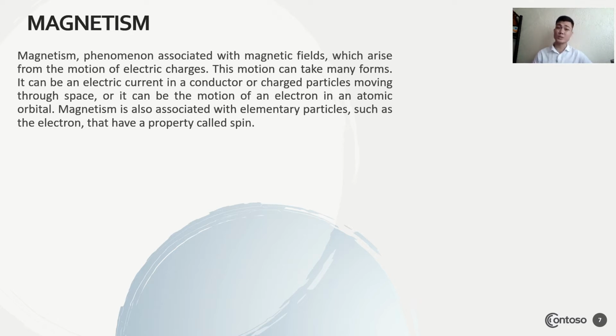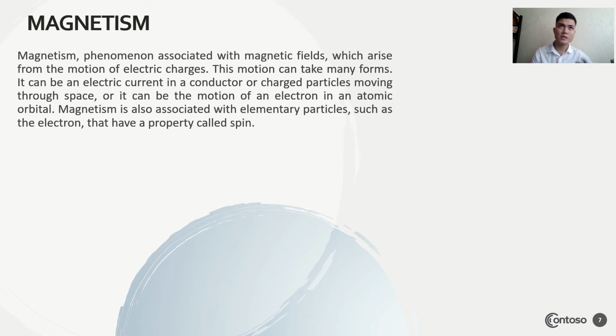Now, in short, its definition is somewhat fuzzy, very unclear, and not that understandable. So I'll just make more sense of it. When you say magnetism, it is the property of the magnet. The property of the magnet is that it either attracts or repels.